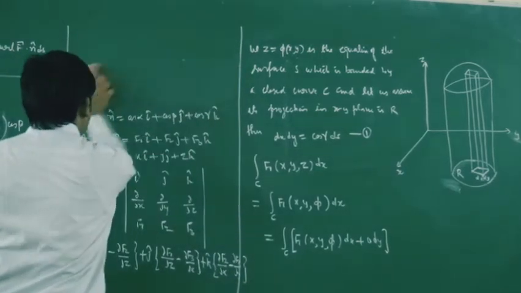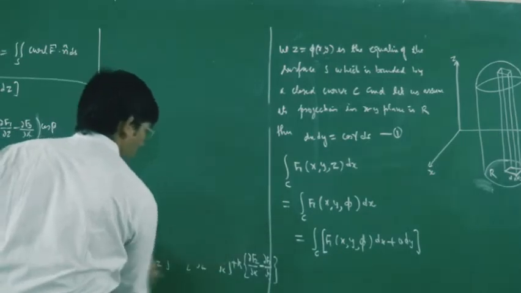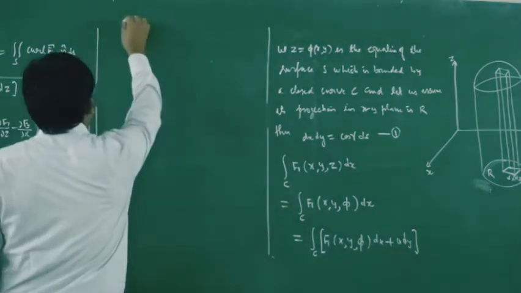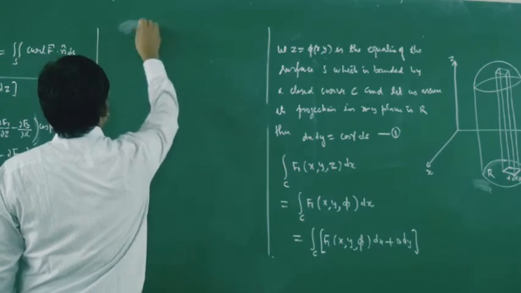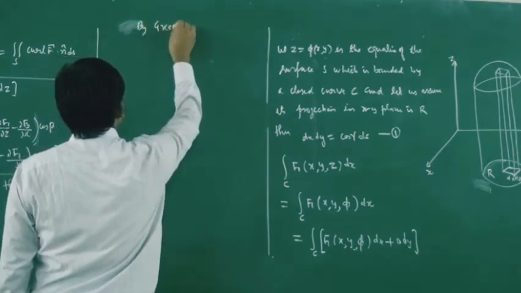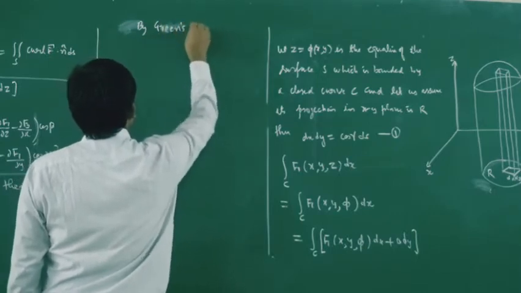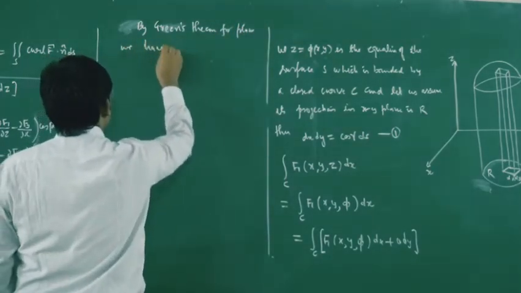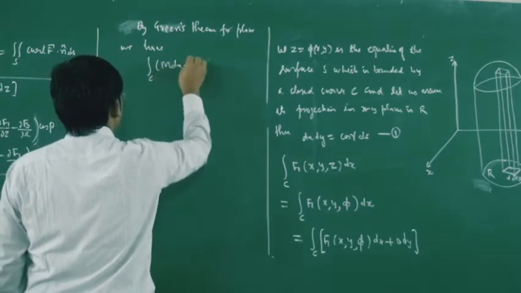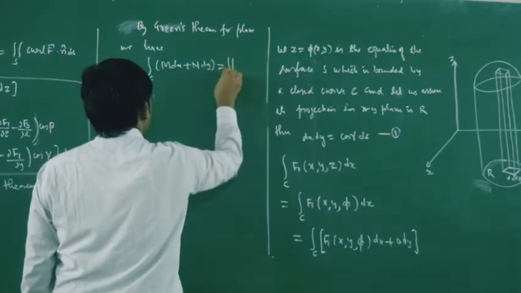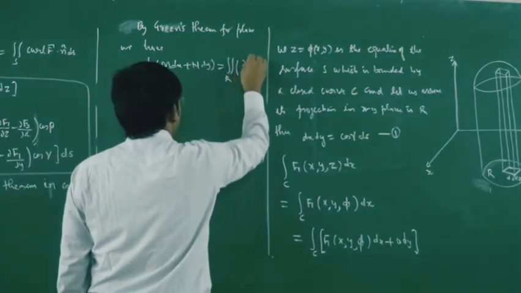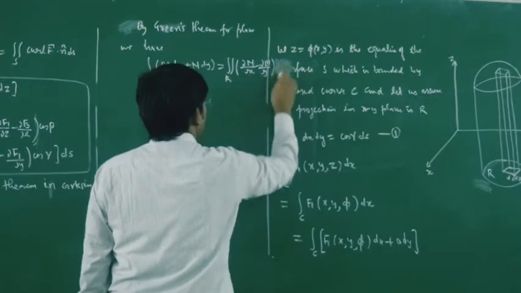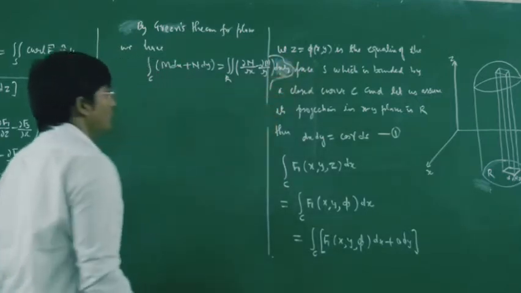So by Green's theorem for plane, we have the integral of M dx plus N dy equal to the surface integral for the plane of (del N upon del x minus del M upon del y) into dx dy. So this is your Green's theorem.